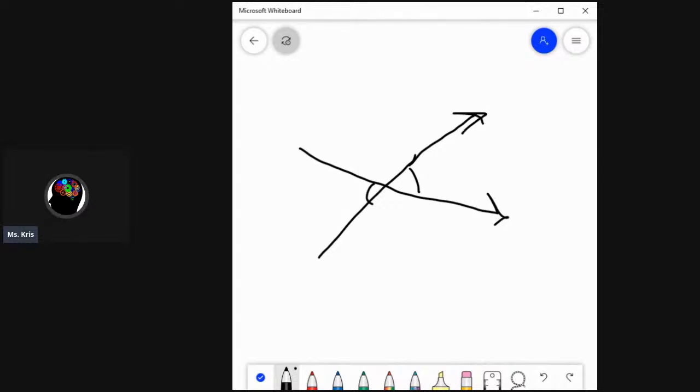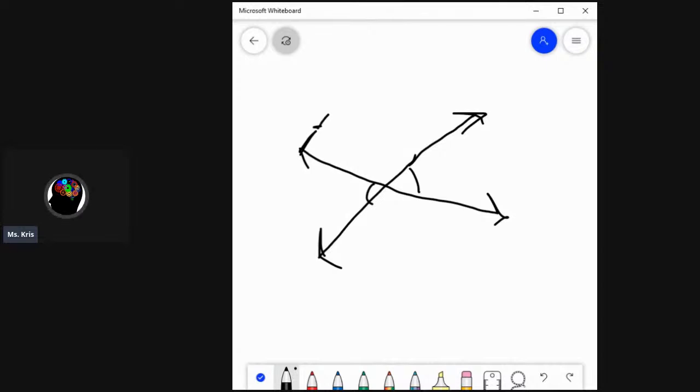So you'll have two lines that are intersecting with each other. Now their measurements will be congruent if and only if they have vertical angles. That simply means that they are congruent because of the point in the middle.